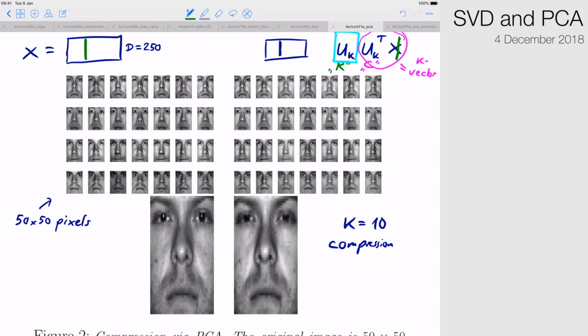So now I have these 10 numbers which describe my image. Then I take these 10 numbers, that's my k-vector, and multiply it with these columns of U_k. So I found a weighted combination of these 10 basis images which gives me the reconstruction.